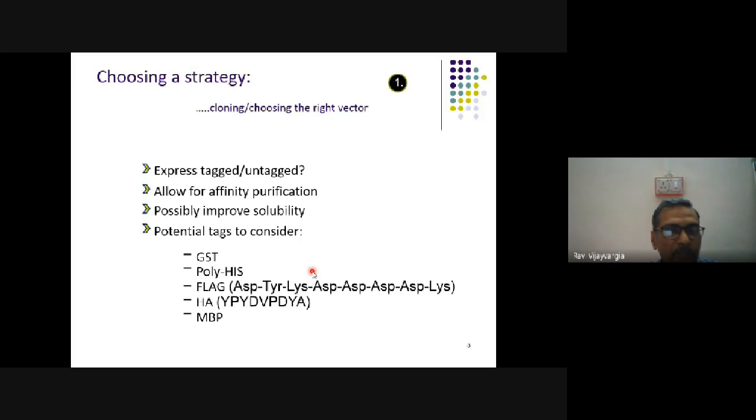You also have the option to remove the tag after the purification, if you want that tag should not be there. For that purpose, normally a protease cleavage site is added between the tag sequence and your gene sequence, and that will help you remove the tag after purification is done.